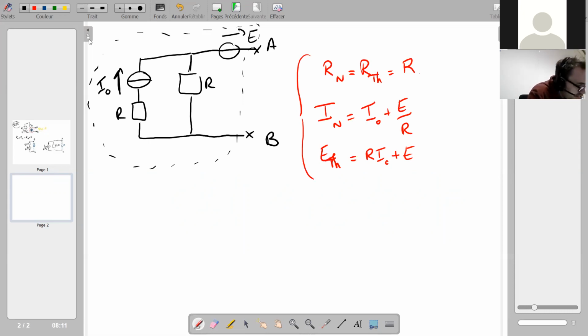So this is circuit 2. The day of the exam, if you have such very simple circuits, it should take you no more than, I don't know, maybe 10 minutes to get the result.